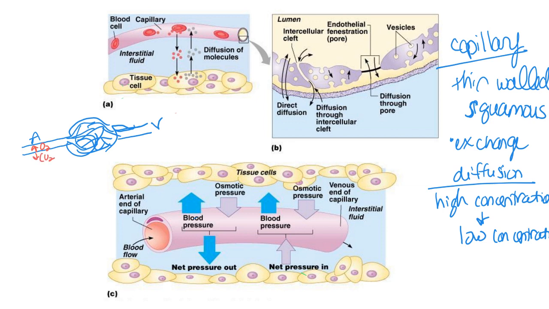So as it moves through this capillary network, oxygen is going to diffuse out to those tissues, and carbon dioxide is going to diffuse from those tissues into that capillary network. So now I end up with a lower oxygen concentration, higher CO2. I can now take that CO2 to the lungs and breathe that off, and I can pick up more oxygen. So that's going to be our diffusion, moving from a high to a low. Something we need to keep in mind.